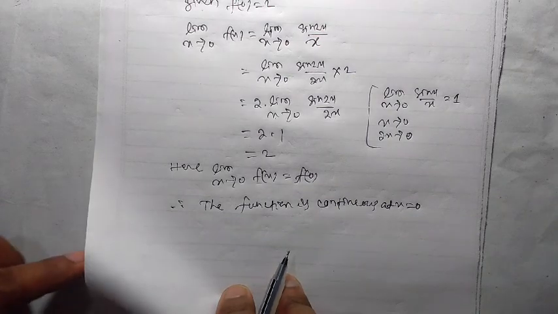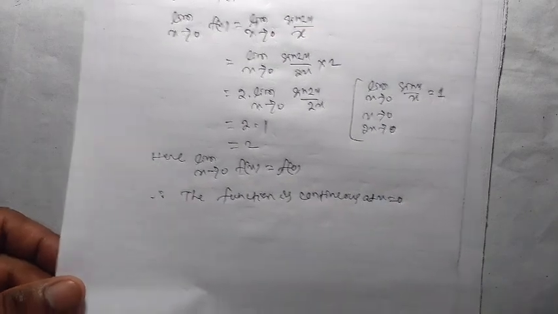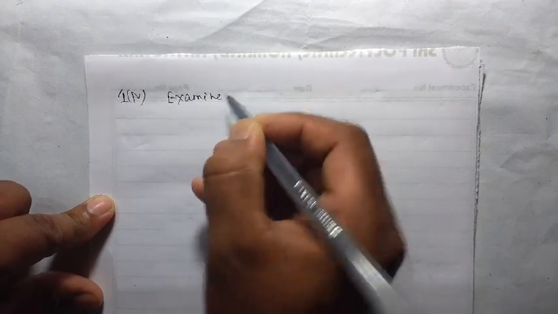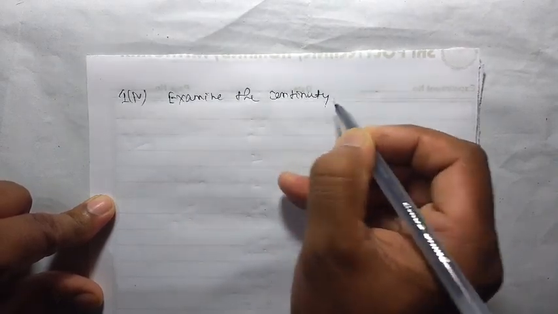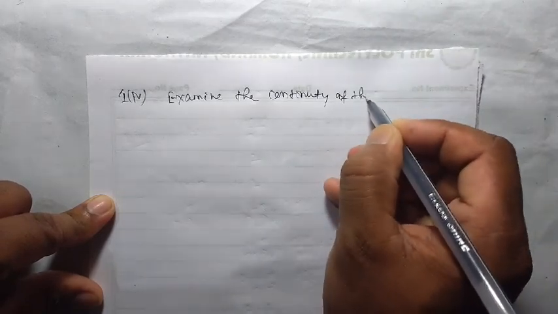You see the next question, Elements of Mathematics, question 1, part 4. In question 1, part 4, the question is given: examine the continuity of the function.